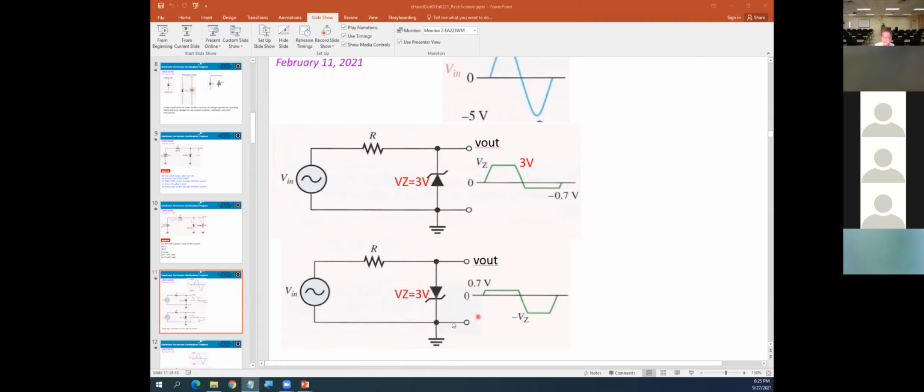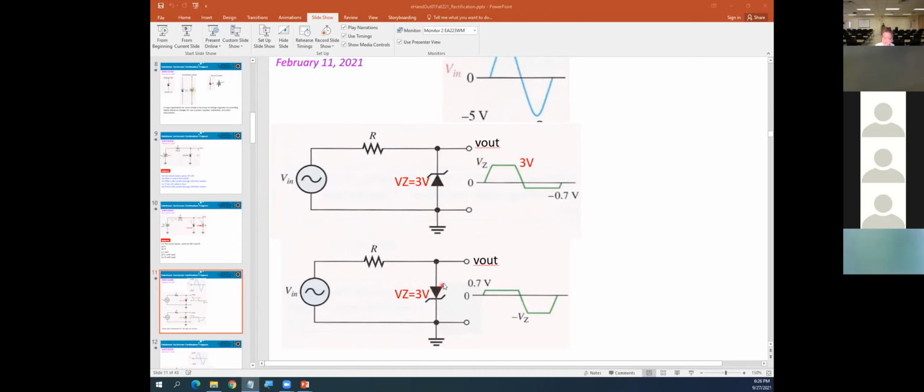When you get to the negative cycle, that means you get a negative here. Okay, that means this will be minus 5, and basically it will be greater than minus 3. Remember that when they break down, this side will be positive, this side will be negative.